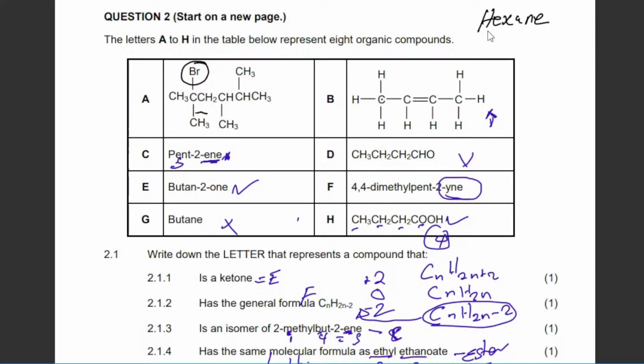If it is hexane, what is the 1, 2, 3, 4? Those are branches, but we're going to make this the functional group. So it's going to be 2-bromo, and the methyls are on carbons 2, 4 and 5.